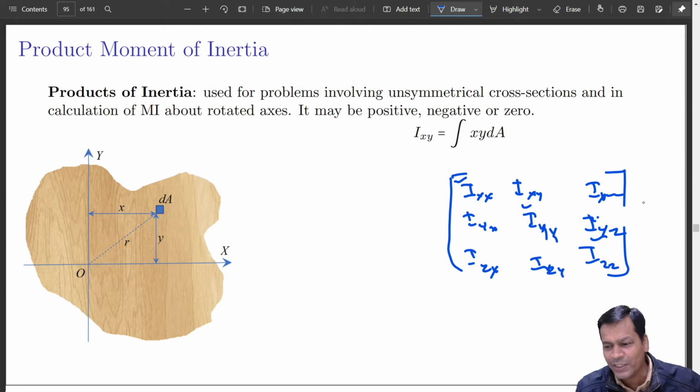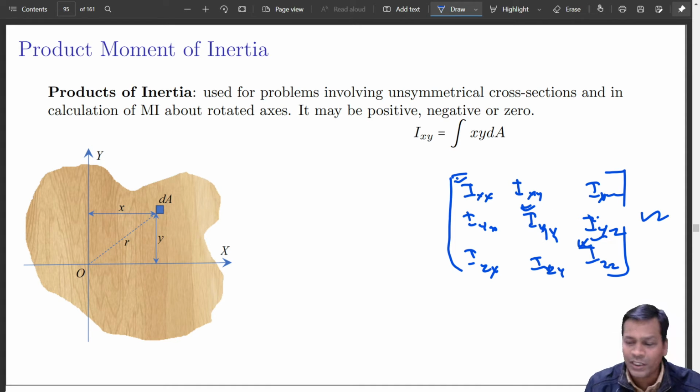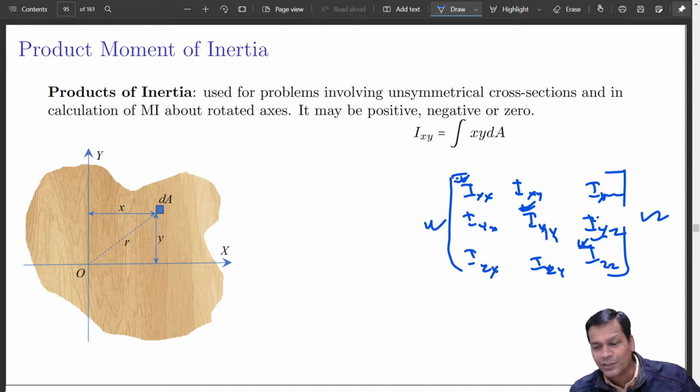The diagonal terms are the principal moments of inertia, that is only for single rotation. If that is the case, you have to consider the one on the diagonal, for pure rotations. For complicated rotations, for multiple direction rotations, you have to use this as a tensor, and multiple direction angular accelerations also.